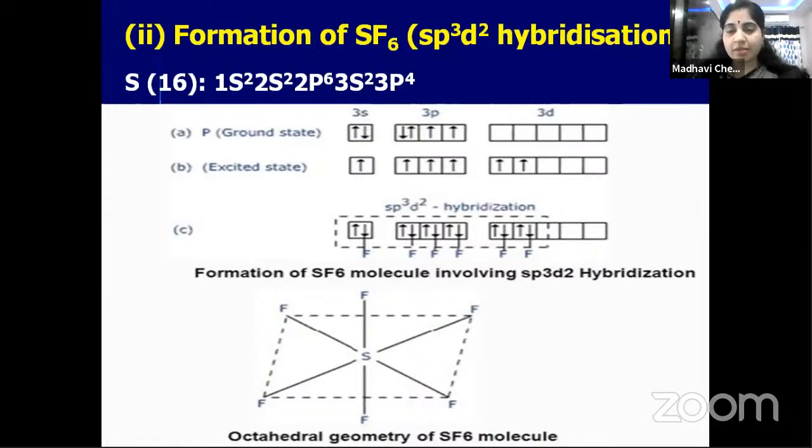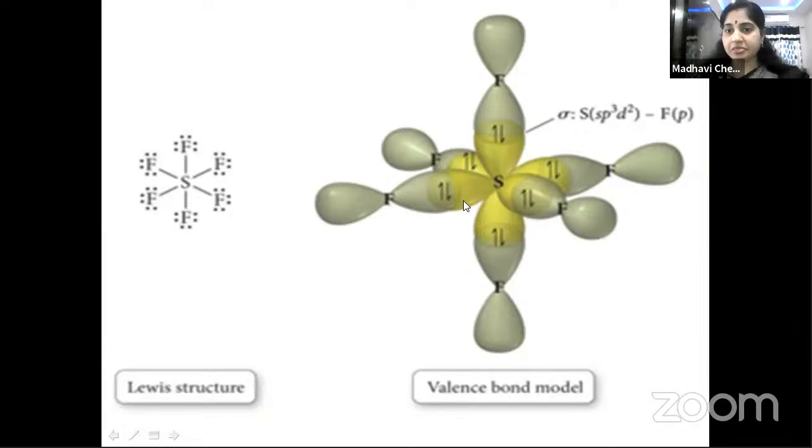Okay, so again I am repeating. In SF6, sulfur undergoes sp3d2 hybridization and forms 6 sp3d2 hybrid orbitals. Each sp3d2 hybrid orbital has one unpaired electron. Now in SF6, 6 fluorines are there. Each fluorine has one p orbital in which one unpaired electron is present.